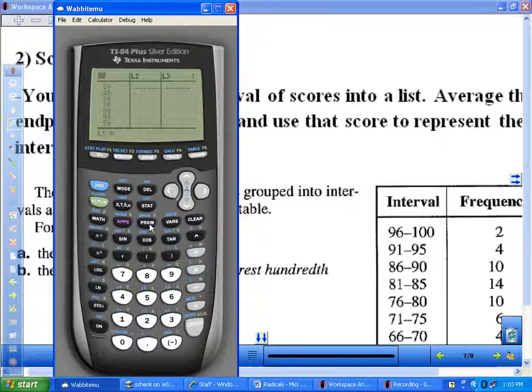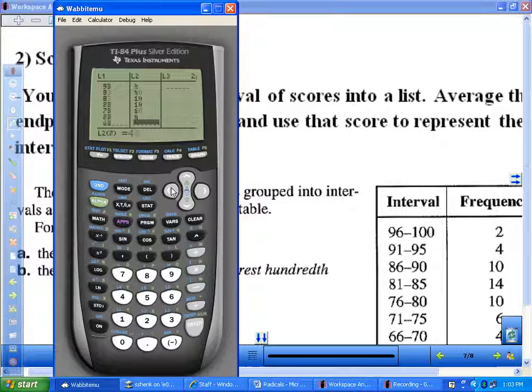So what's the 96 to 100? 98, 93, 88, 83, 78, 73, and 68. What are the corresponding frequencies? 2, 4, 10, 14, 10, 6, and 4.